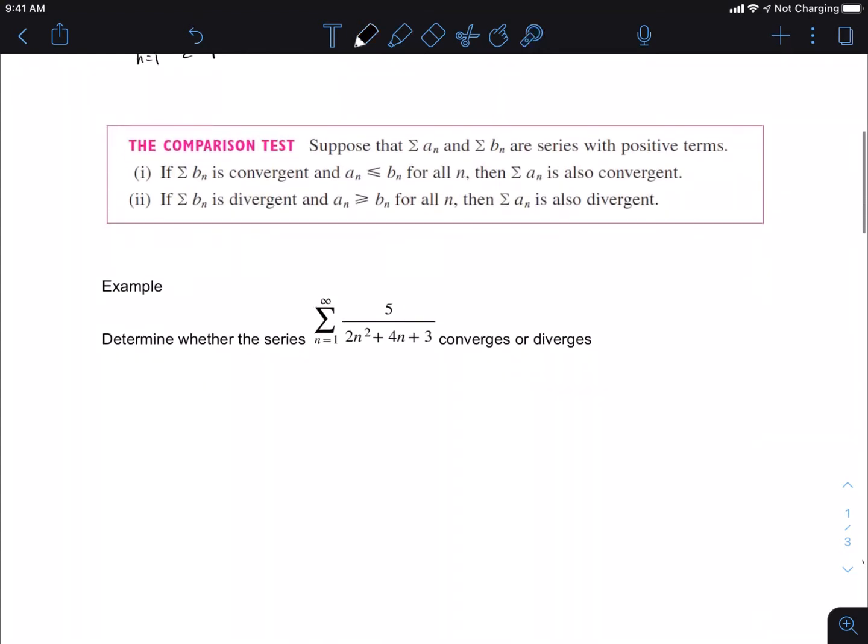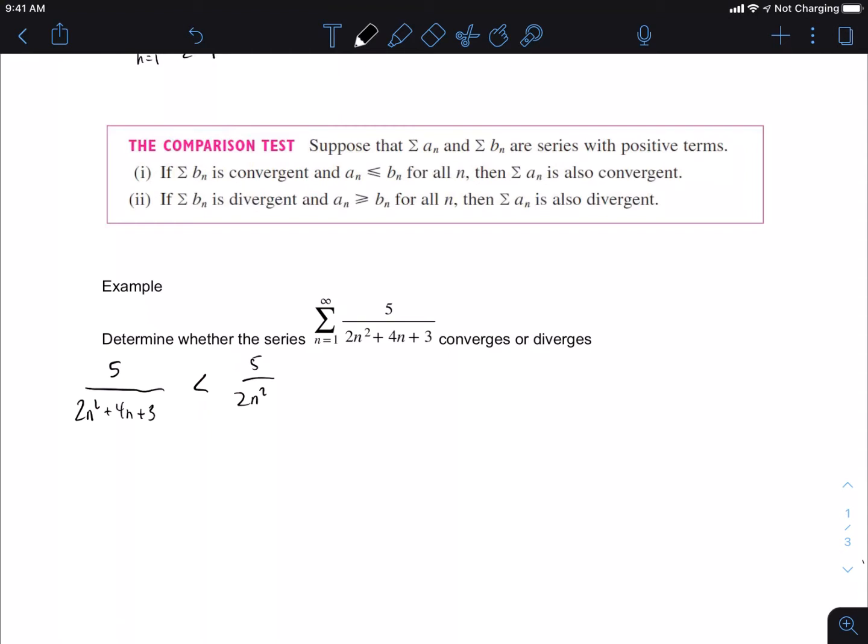So with this problem here, I can compare 5 over 2n squared plus 4n plus 3 to just 5 over 2n squared. And you agree that 5 over 2n squared is going to be bigger because the denominator of it is smaller.